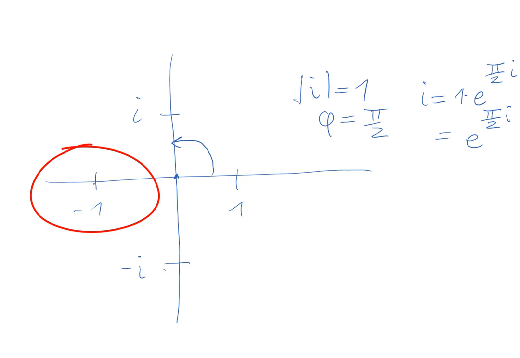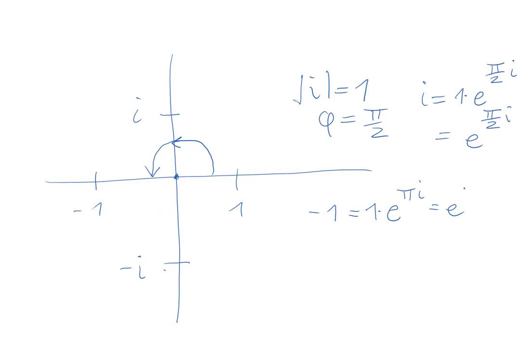Next number is minus 1. The absolute value of minus 1 is 1, and the angle for minus 1 is 180 degrees, which is pi. So minus 1 is 1 times e to the power of pi i, or in short, e to the power of pi i. The next number is minus i.